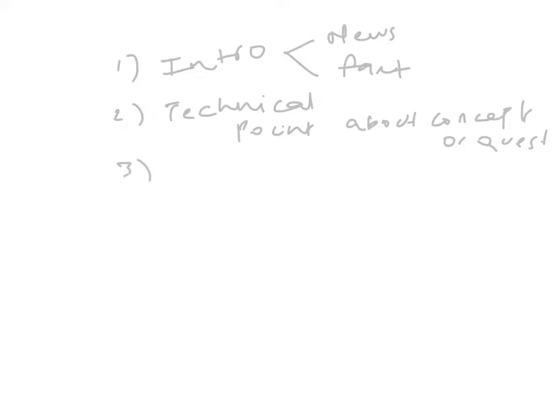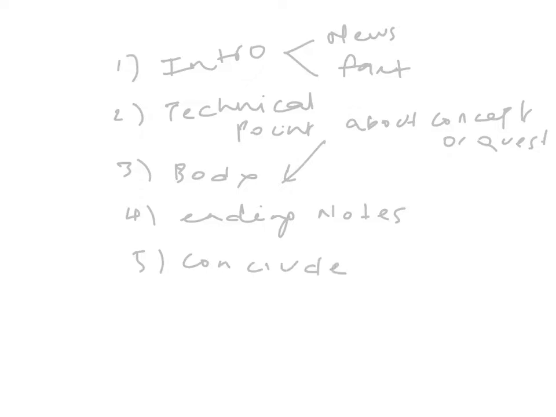Third, we believe you can write about the body because the base has been built here. Fourth, you write about the ending notes. And fifth, you can conclude. You should conclude in an optimistic way.